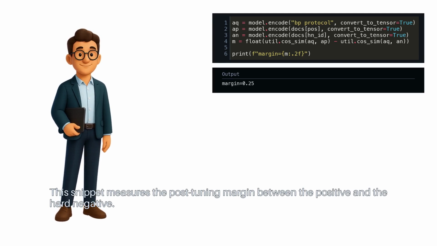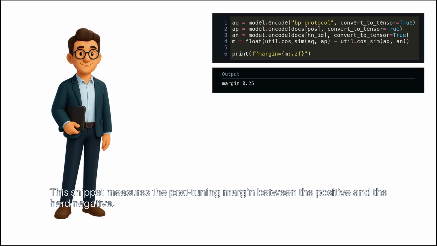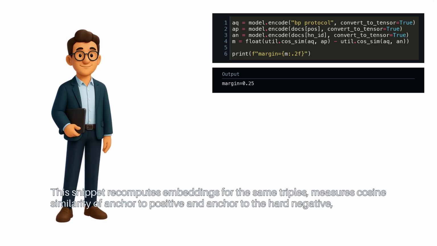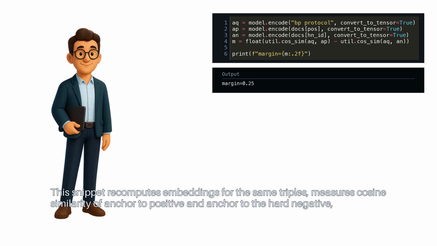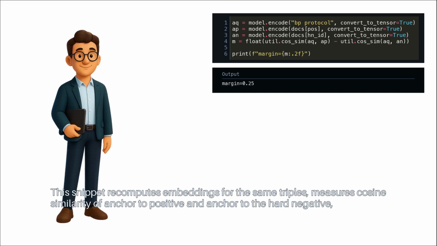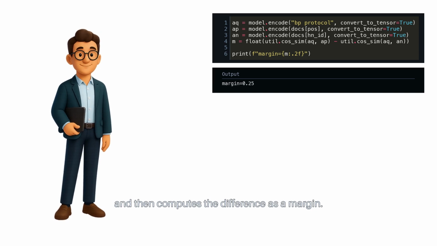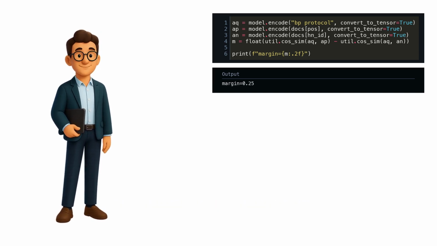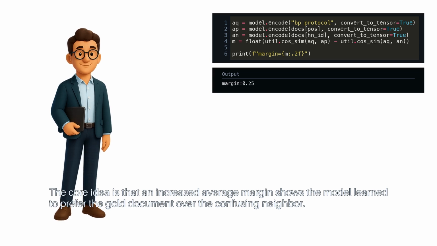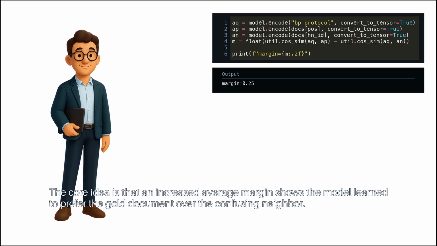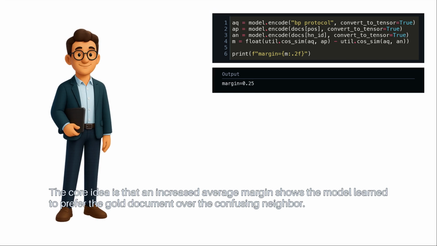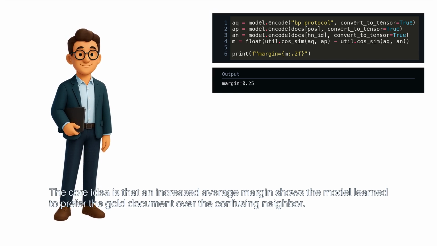This snippet measures the post-tuning margin between the positive and the hard negative. This snippet recomputes embeddings for the same triples, measures cosine similarity of anchor to positive and anchor to the hard negative, and then computes the difference as a margin. The core idea is that an increased average margin shows the model learned to prefer the gold document over the confusing neighbor.